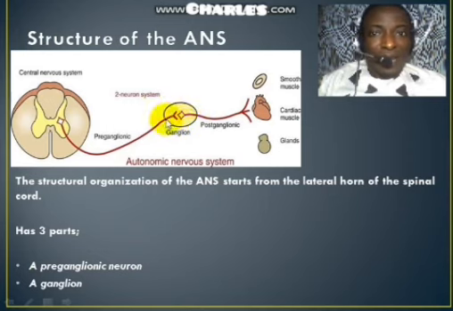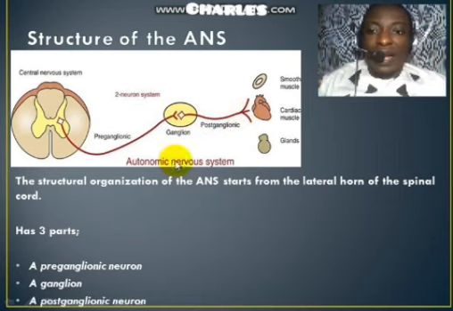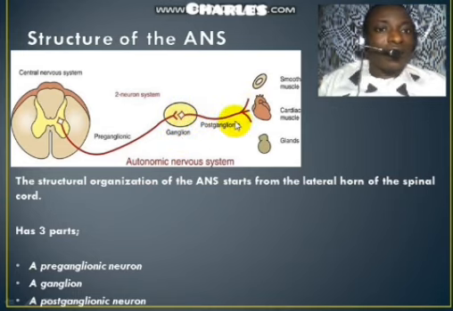The ganglia is the part where the preganglionic neuron synapses with the postganglionic neuron. The third part is the postganglionic neuron. It begins from the ganglia and terminates at the effector organs, either the glands, the cardiac muscles or smooth muscles of the internal organs.